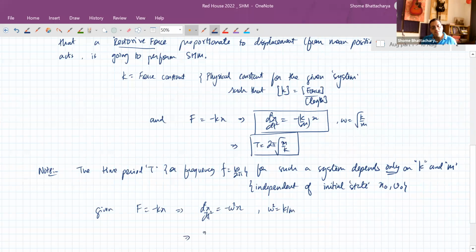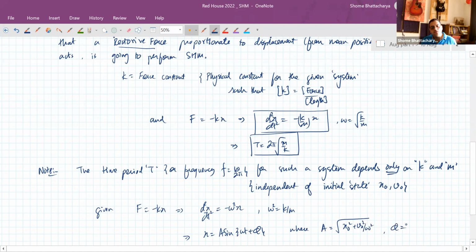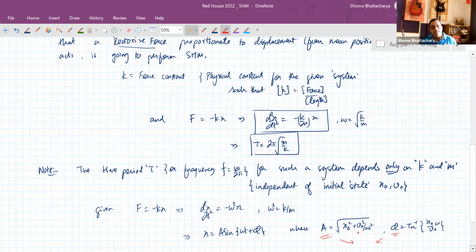So that implies that x is equal to A sine(omega t plus phi), where this amplitude and the phase constant are determined by the initial conditions. So these two terms, amplitude and phase constant, are determined by the initial conditions, whereas the time period is not.